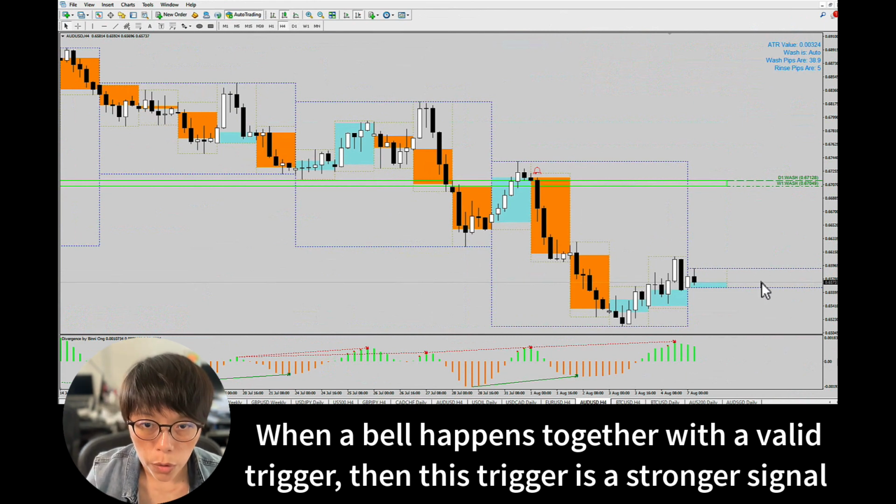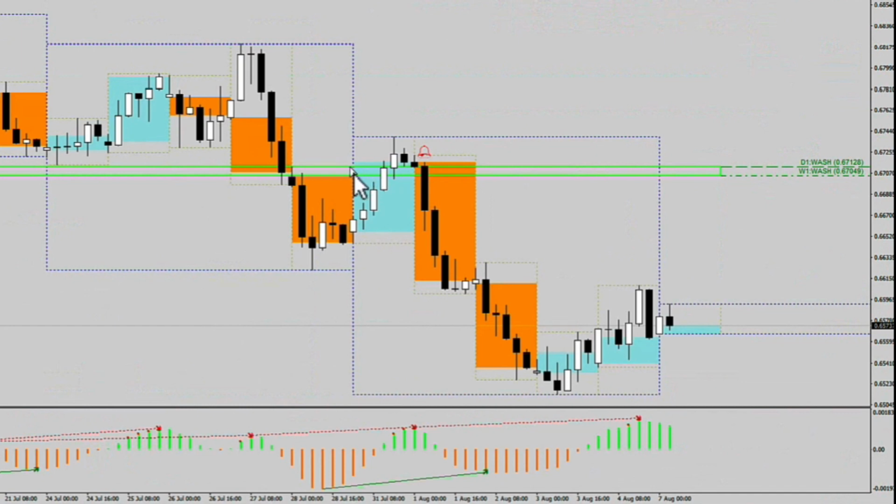As I mentioned, when you have the bell, it doesn't mean that this is a buy or sell signal, but it does reinforce. For example, here, this was the day wash line, and then there is this bar, which is H4 close, that's below the opening bar low, below the day wash line. So this is essentially a sell trigger under the TAW strategy.